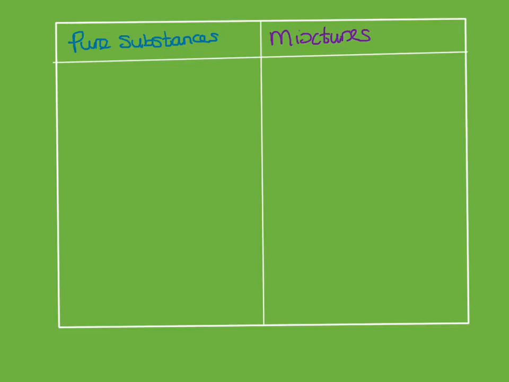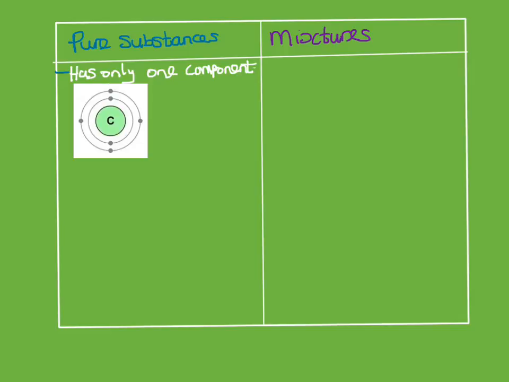Pure substances have only one component, that is, they cannot be separated into any other kind of matter. An example is carbon. Carbon is an element and has a fixed composition.